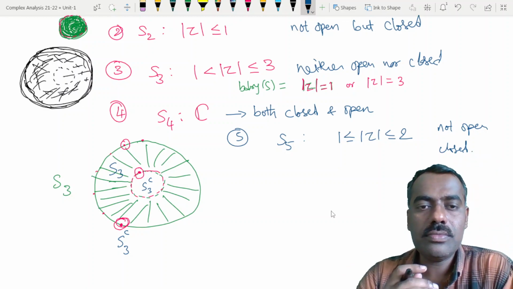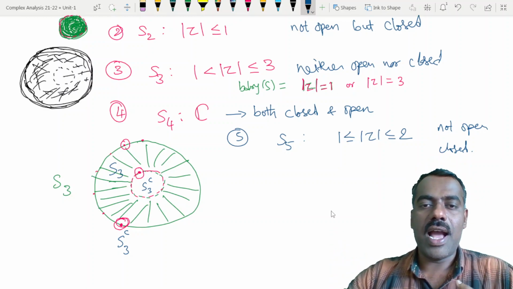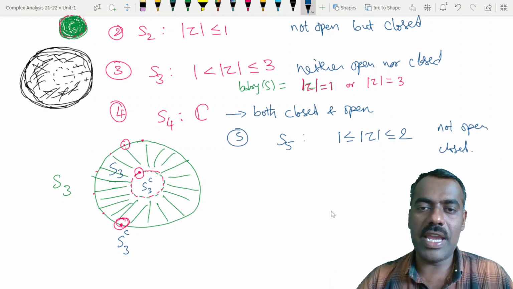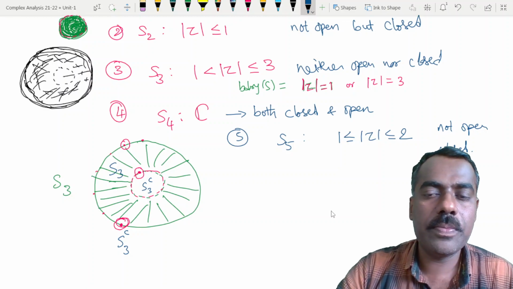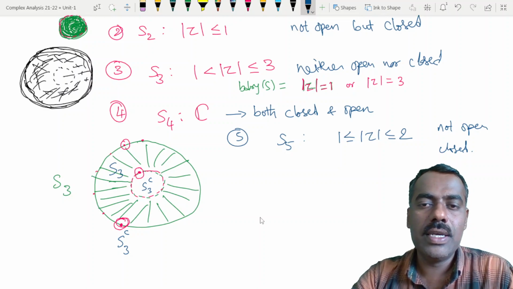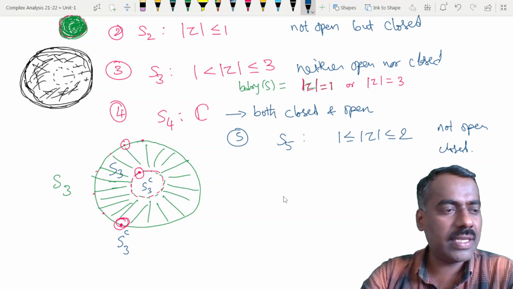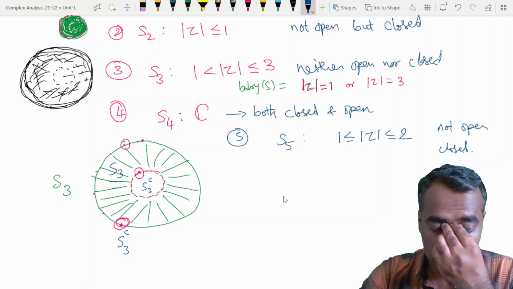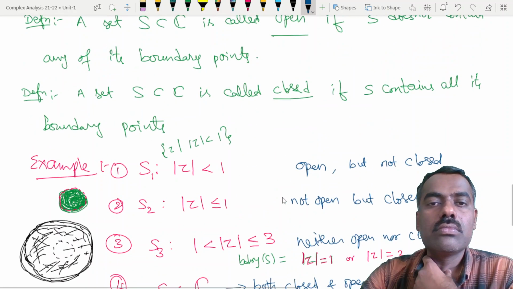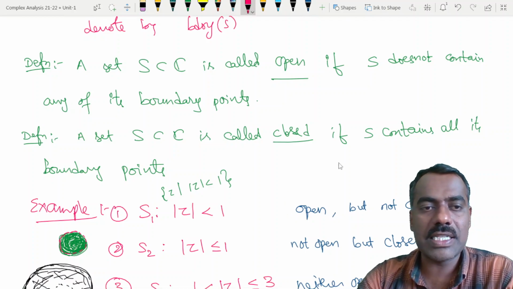It is just like an unending ground, where there is no end whichever side you go. Because it doesn't have any boundary points, you can call it both open as well as closed. Any problem? If anyone has doubts, please ask me.